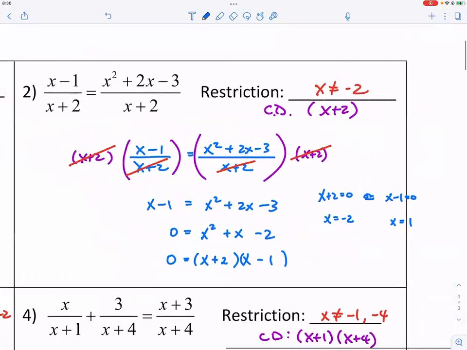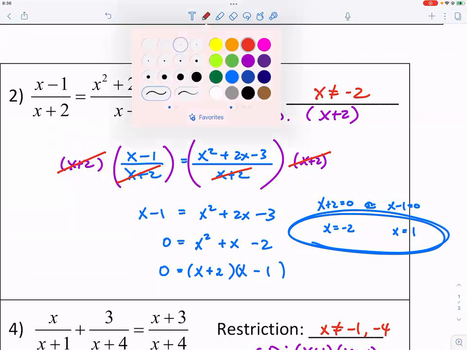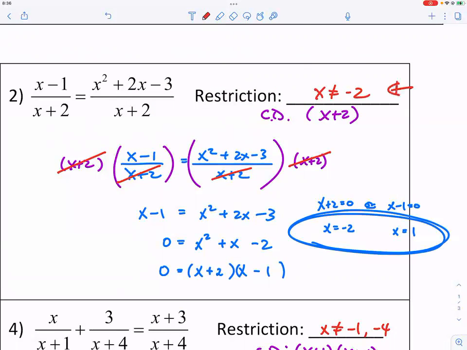All right, so we have two answers right here. Or do we? Do we have two answers? Why not? Yeah, so after you write down your answers, make sure you double check with your restriction. And at the very beginning, it says x cannot be negative 2.